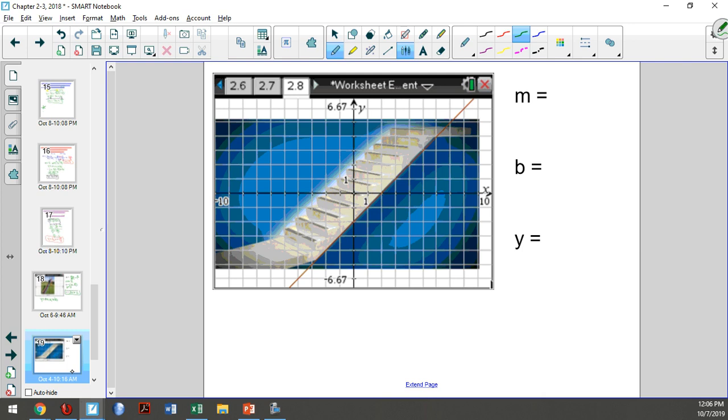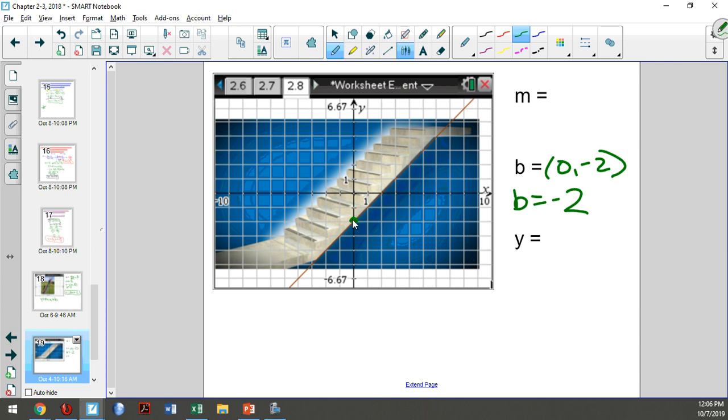Okay, what about this one? What do I find first? The y-intercept. Well, here's the origin right in the center of the staircase. And then my y-intercept is going to be right there. So how many units is that down? 2. So that's going to be my b value is the point 0, -2, which means b is -2. Do we all agree?